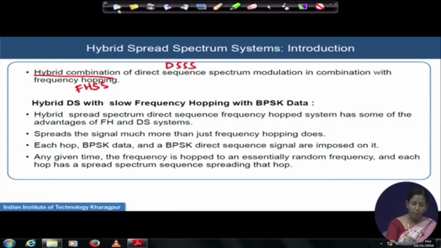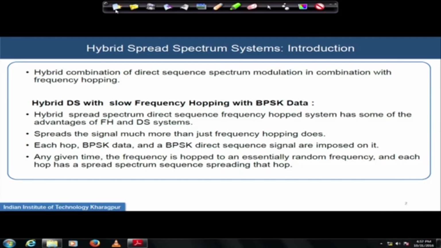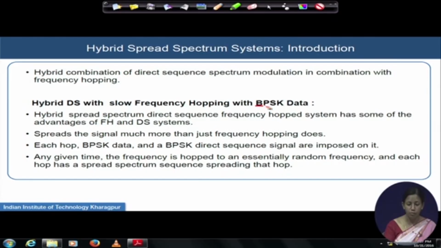So, for the hybrid direct sequence system, let us start with a slow frequency hopping system because it is easy to track, and we will also consider only BPSK data modulation because this is also very easy to understand. This hybrid spread spectrum system has the advantage of both frequency hopping as well as the direct sequence system.